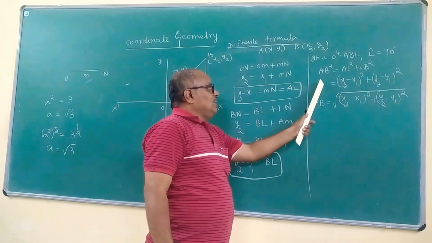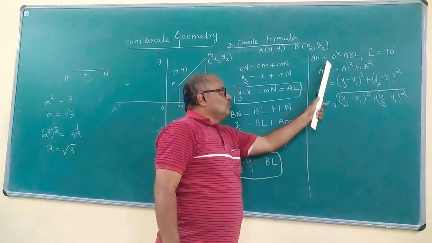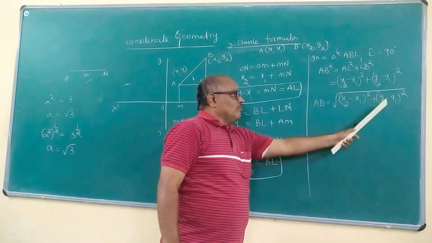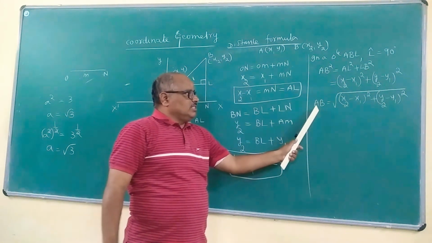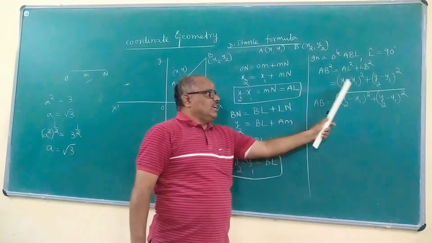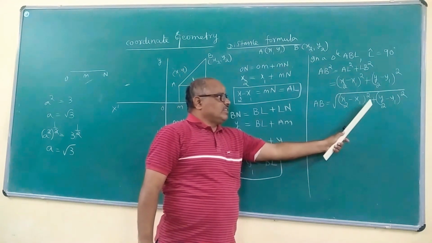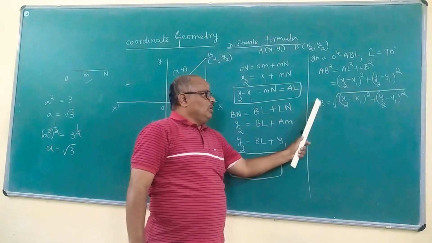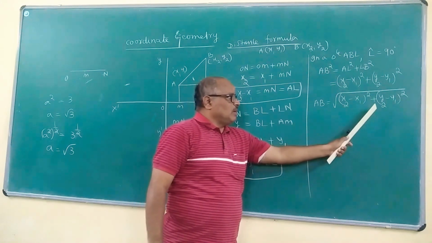We raise AB to the power of 1 by 2 on both sides. 1 by 2 gets cancelled. Power 1 by 2 means square root. Always we take the positive root because distance is always positive. The length is always positive, not negative. A quadratic equation has two roots, one positive and one negative, but we only take the positive root because distance is always positive.